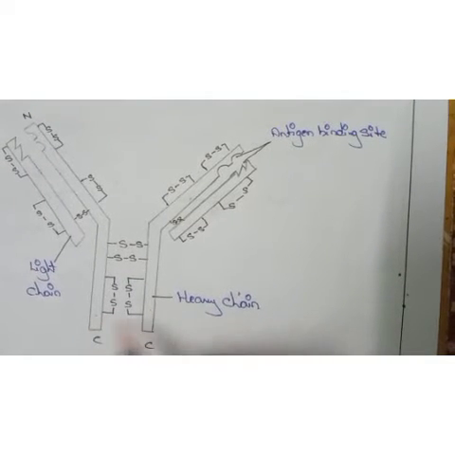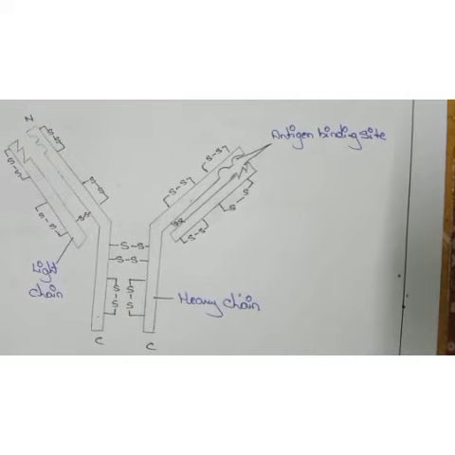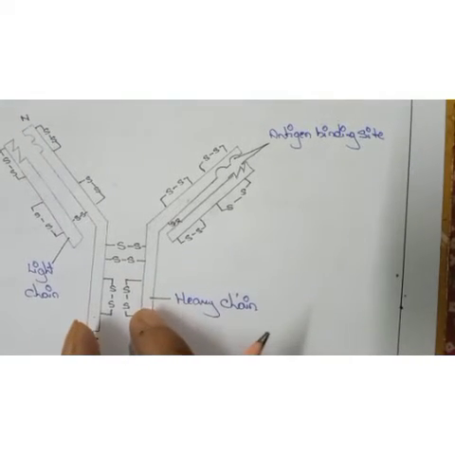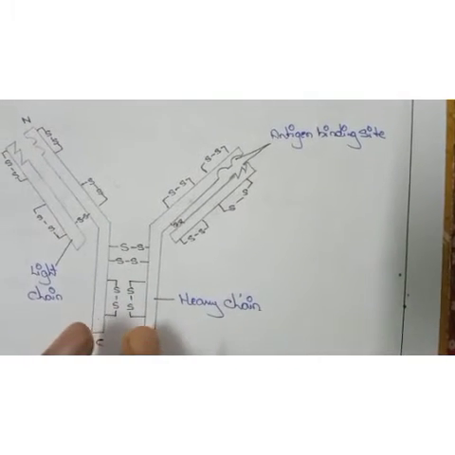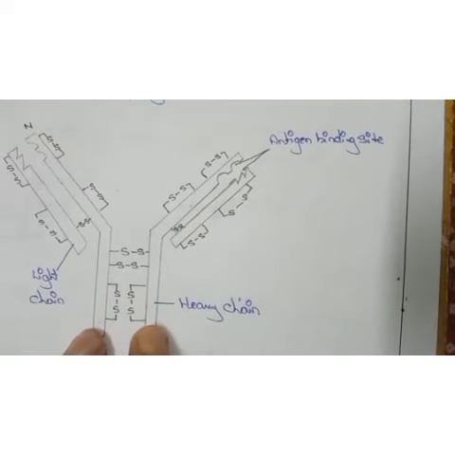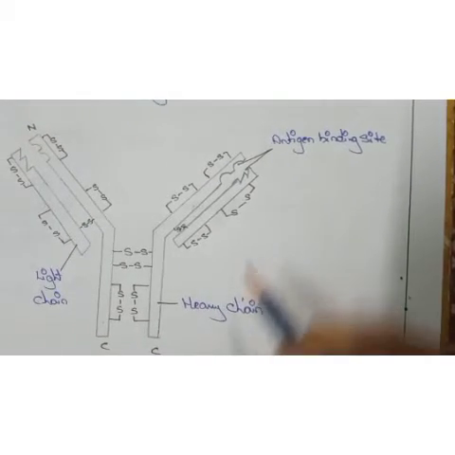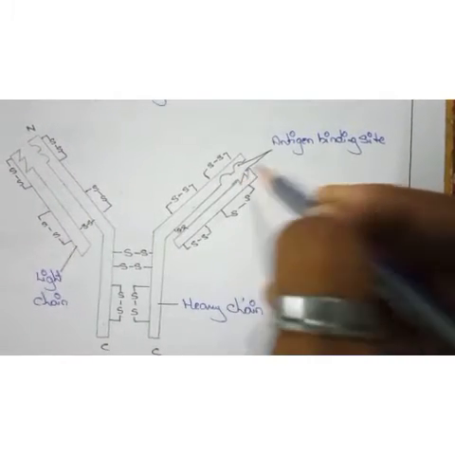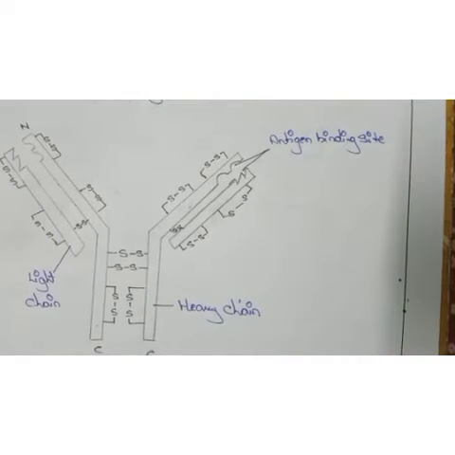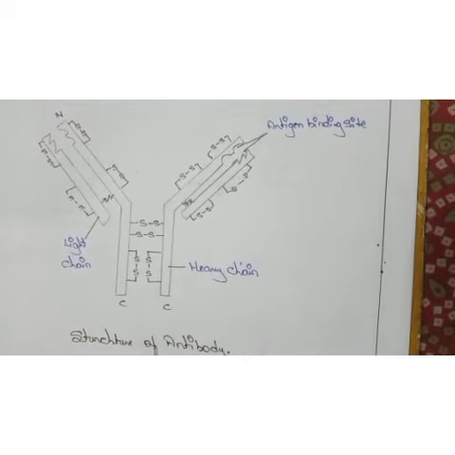This and this are heavy chains. The bonding between the two chains is a disulfide bond. These are the antigen binding sites. This is the structure of an antibody.